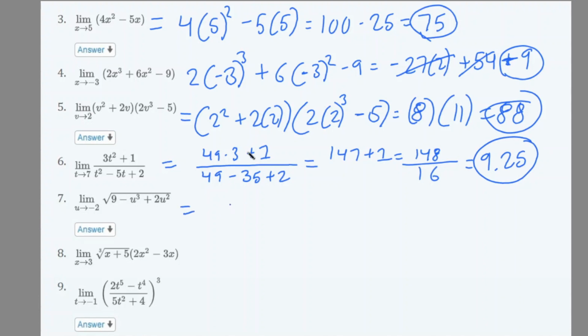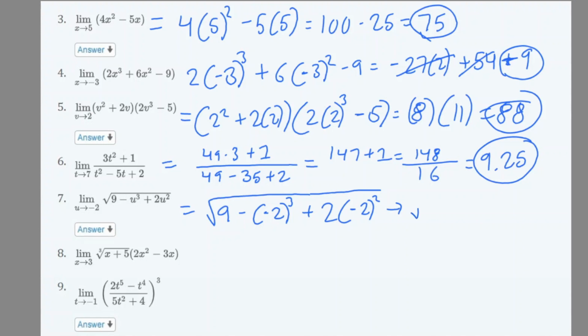Number 7, let's see here. So limit as u goes to -2, and then we have a square root of a bunch of things. Same deal here. 9 minus -2 to the power of 3, and then 2 open parentheses -2 to the power of 2.